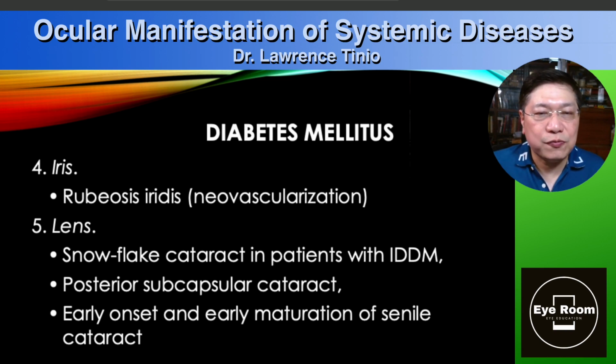Patients as young as 40 or 50 years old already starting to develop cataracts, and the cataracts of these people would usually mature much, much earlier and faster than patients without diabetes. We've actually seen patients go from an immature cataract to a fully mature cataract in a matter of months, just because their diabetes mellitus is very, very much uncontrolled.